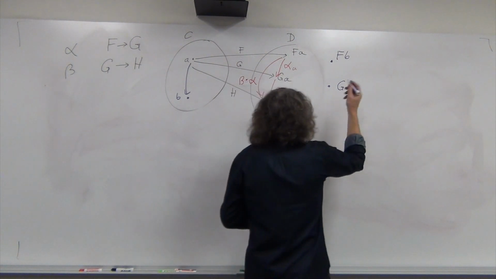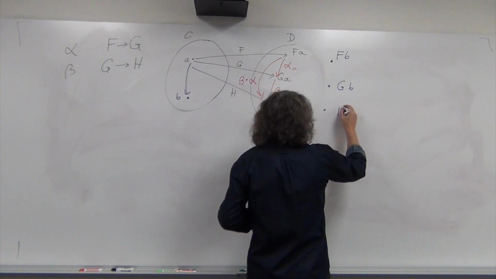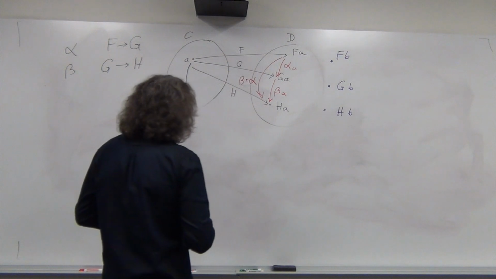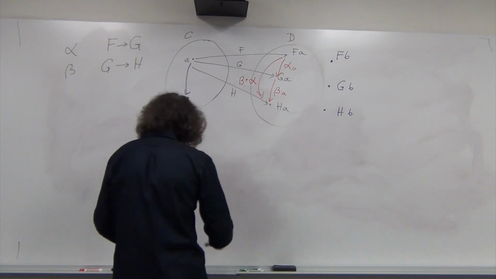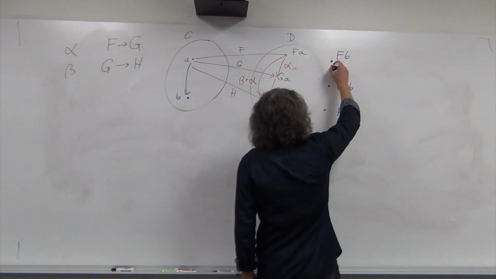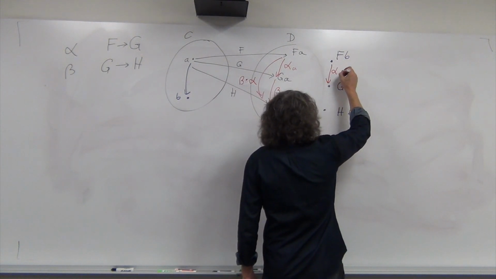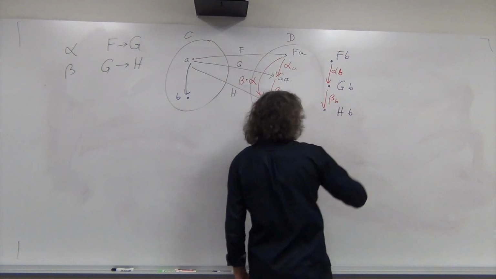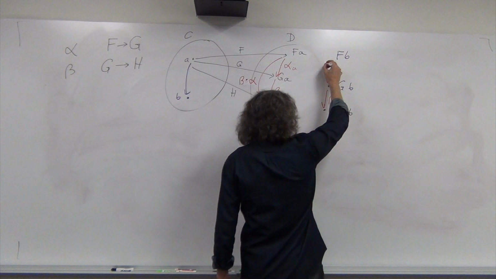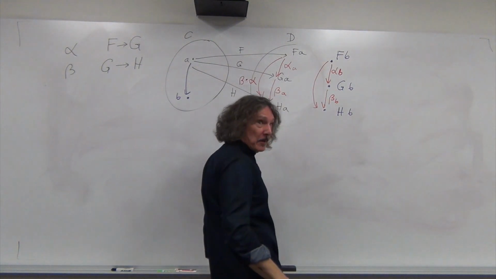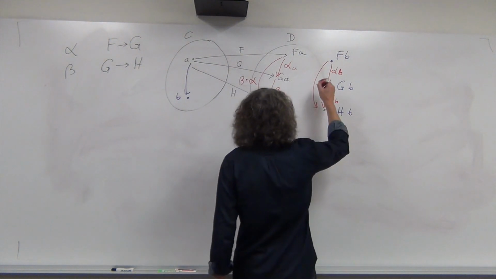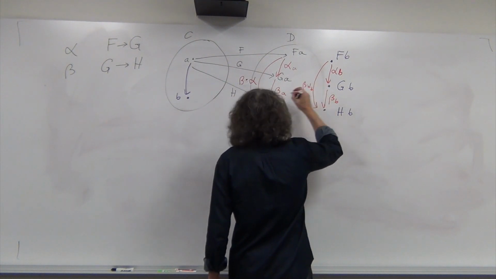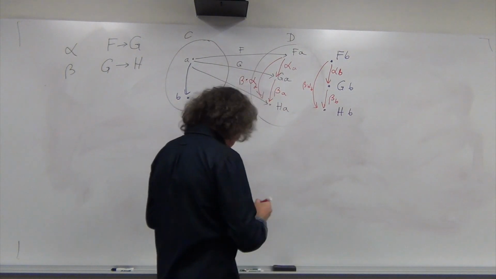So maybe I shouldn't just be drawing these circles, and HB. First of all, we have natural transformation alpha B. Here we have beta B. And of course, the candidate for our composition is beta after alpha at B. This is at A, and this is at B.